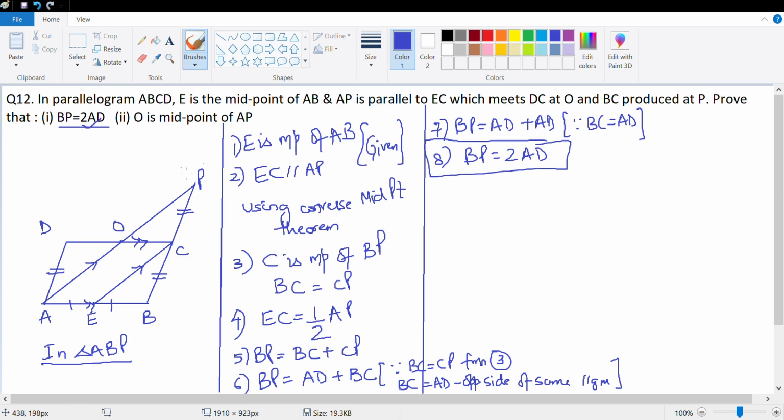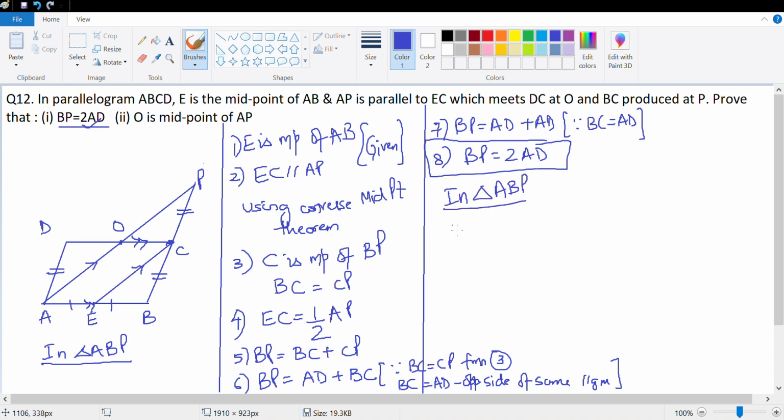Next, I need to prove that O is midpoint of AP. Now, I know C is midpoint and I know DC is parallel to AB. Perfect. So now I can again use the converse midpoint theorem. So let's start writing. Number 9, which triangle are we looking at? In triangle ABP.